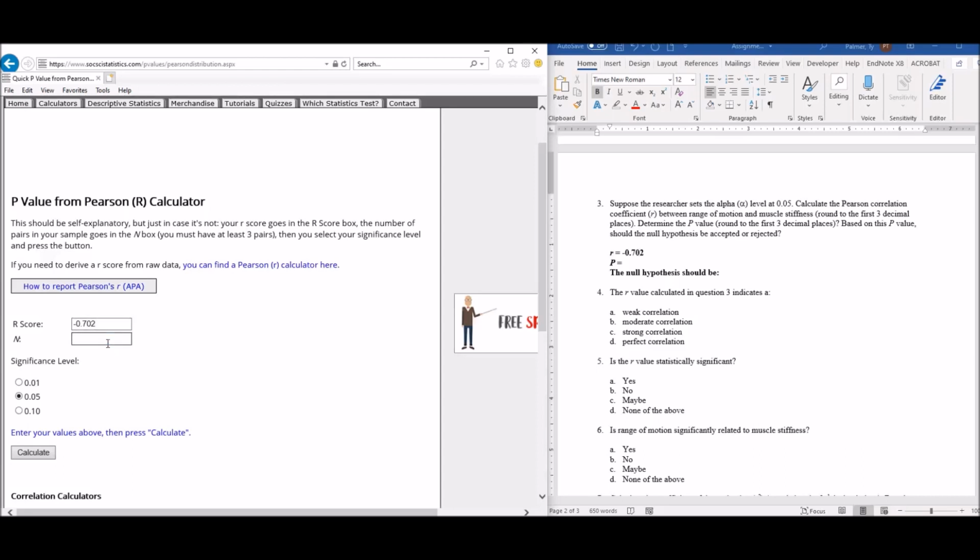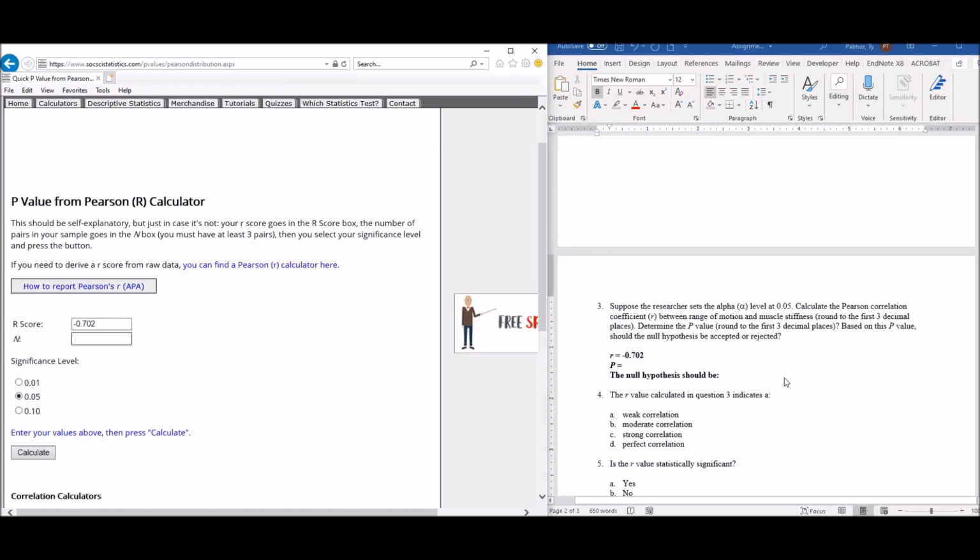For N, what is N? Now I know N is capitalized here, and in our previous PowerPoints, and I believe in PowerPoint 7 it also shows this too. Especially when we're dealing with random samples, we abbreviate it as a lowercase n, but here on the website, just know it means the same thing. This uppercase N means the same thing as the lowercase italicized n. It's the sample size.